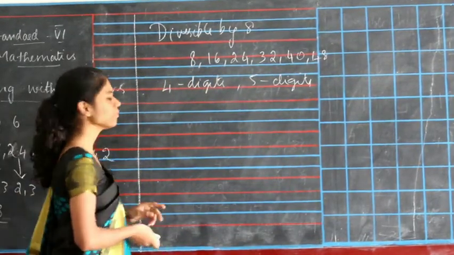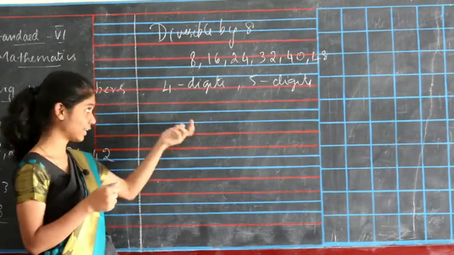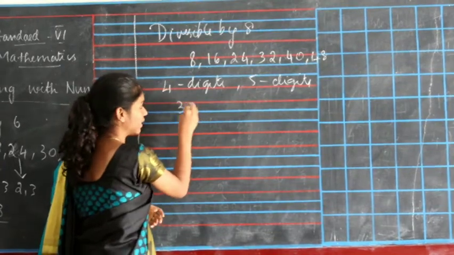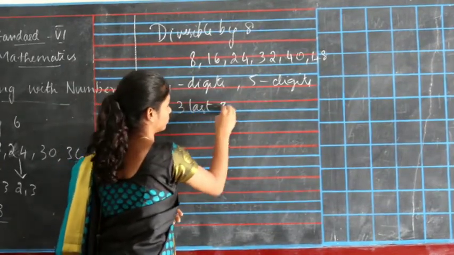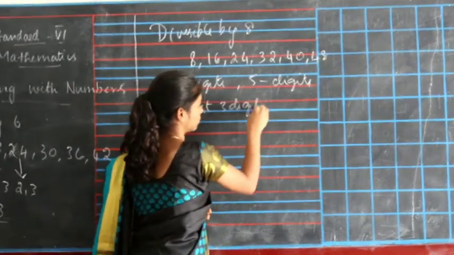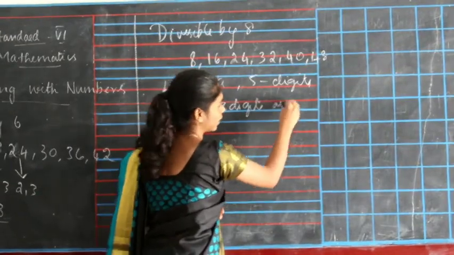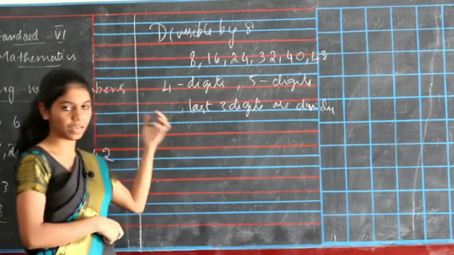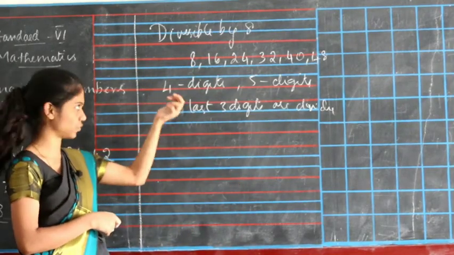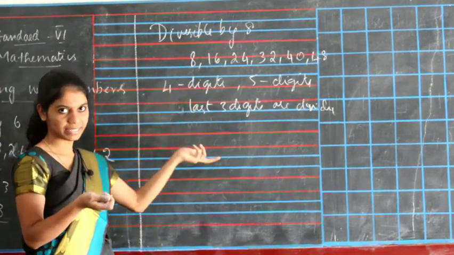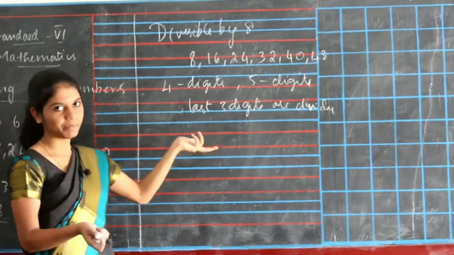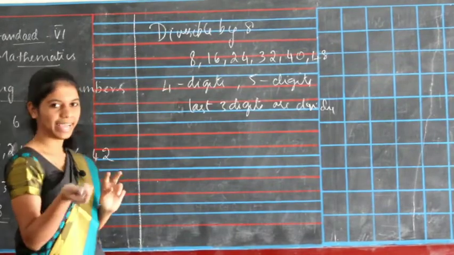So there is a pattern for that kind of big numbers, which is: if the last 3 digits are divisible by 8, then the number can be divided by 8. Let's see an example.